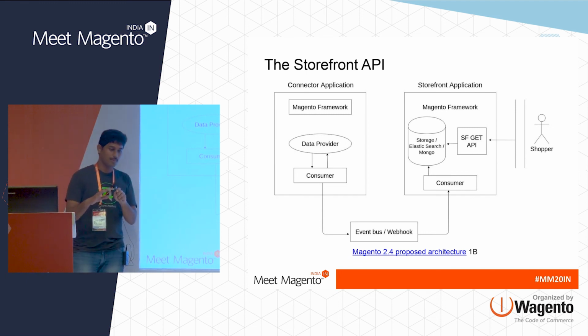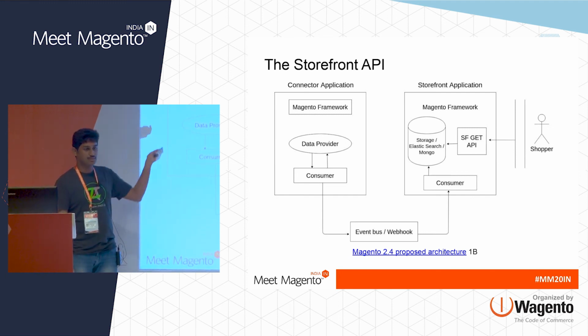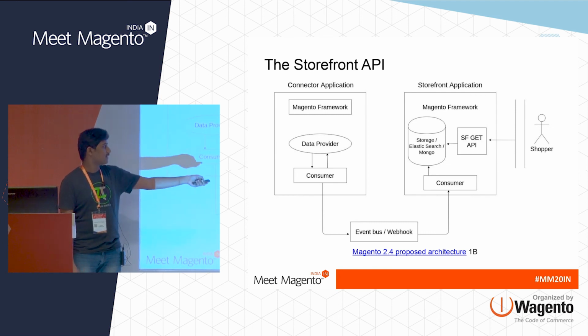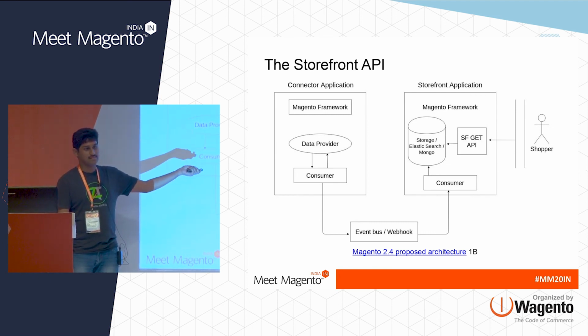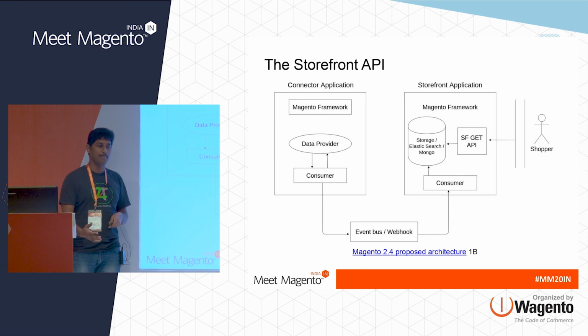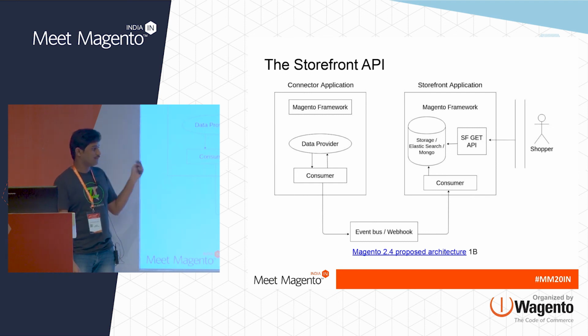The point about this is, if your Magento instance fails, this MongoDB or Elasticsearch storage will be up and it will serve you. And if your storefront application fails, you can still have the Magento backend.